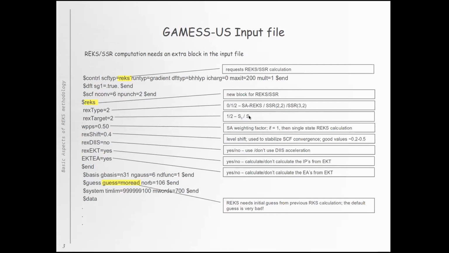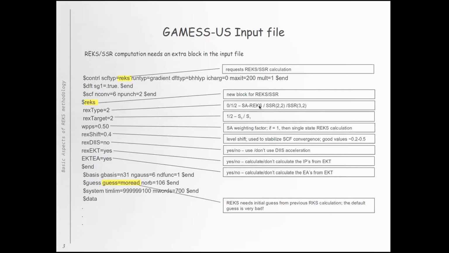Michael, you better tell us the meaning of the 2 in parentheses, so that it will be easier for him to understand. 2 means that you can only calculate 2 states. This means I include 2 states into the state interaction, and I use 2 states in the state averaging.